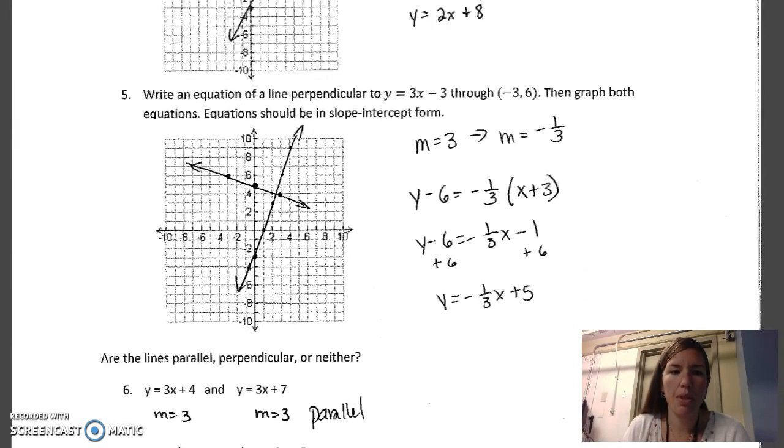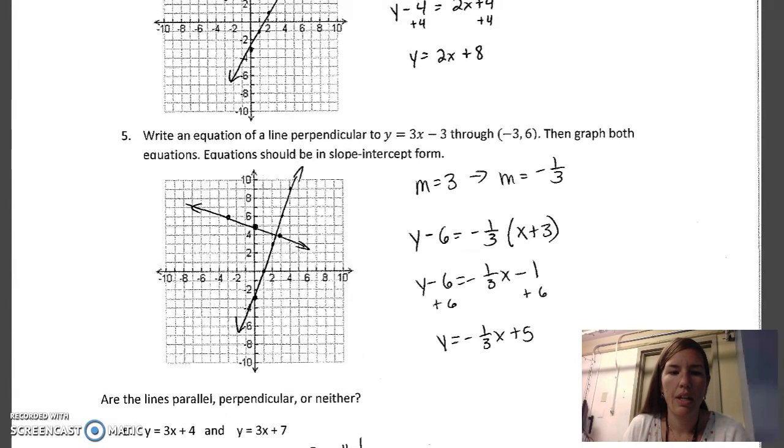One more example. Example number 5. Example number 5 says, write the equation of the line perpendicular to y equals 3x minus 3 that goes through (-3, 6). Then graph both equations. So pull out the slope from the line they give you. What slope did they give you? 3. But you're not going to use that slope. You are going to use the opposite reciprocal.